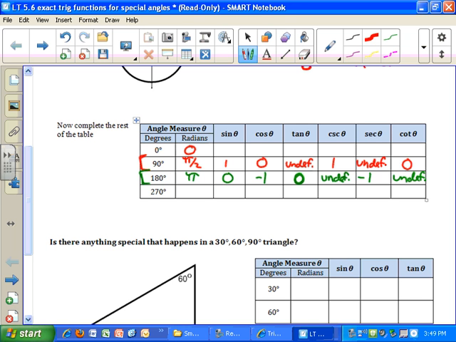For 0 degrees: sine is 0, cosine 1, tangent 0, cosecant undefined, secant 1, and cotangent undefined. Then 270 degrees would be this point right here of 0, negative 1, with a radian measure of 3 pi over 2.